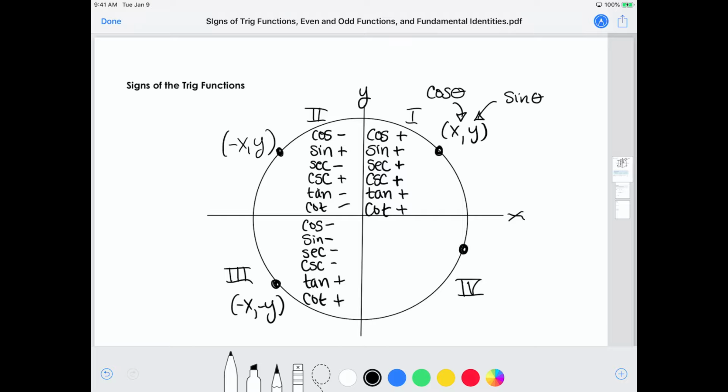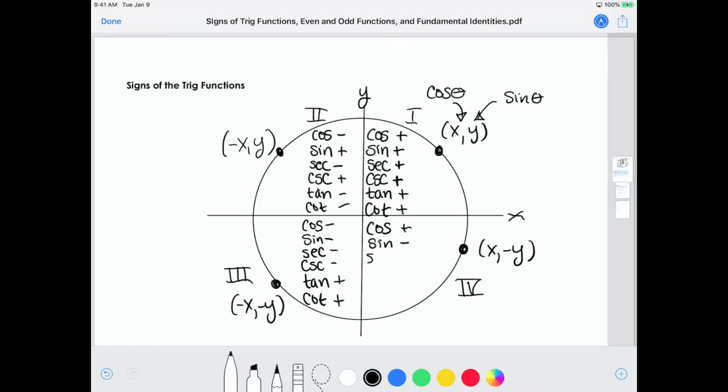If I have a point on the circle in the fourth quadrant, x is positive and y is negative. So that tells me that my cosine, which is my x value, is positive, and my sine, which is my y value, is negative.